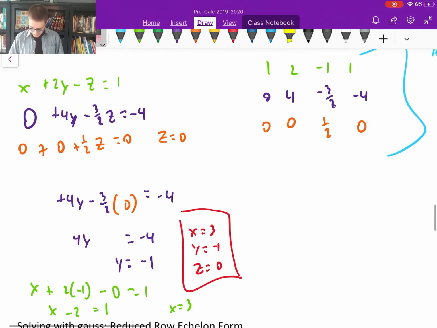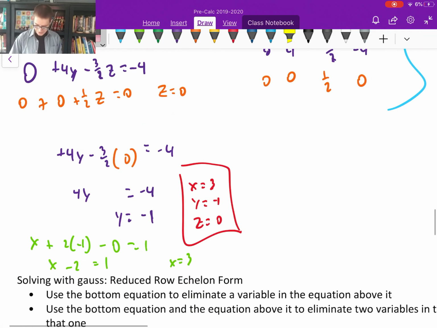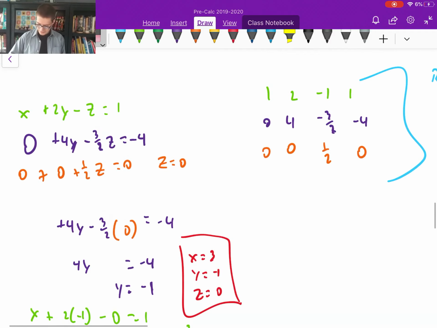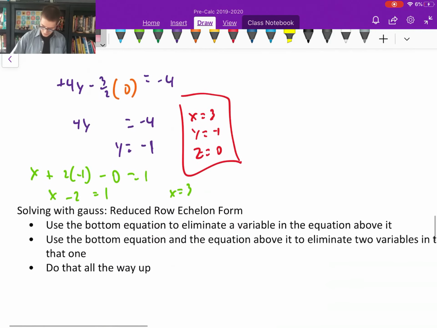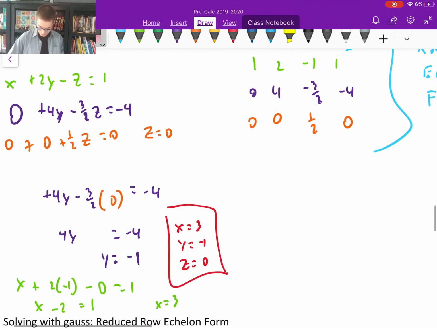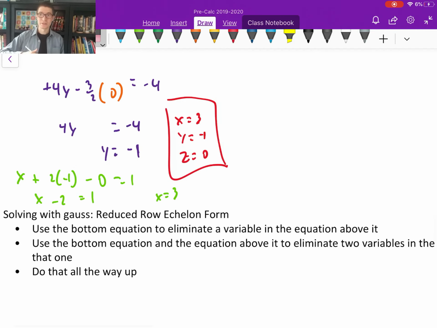Okay, now from here we could solve it using this other method. We could solve using substitution, but there is another method that is perhaps a little bit more straightforward and might make this even easier. We can solve this matrix by creating what's called reduced row echelon form.